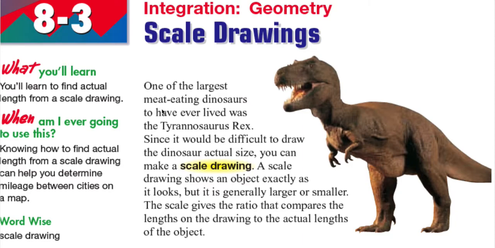So one of the largest meat-eating dinosaurs to have ever lived was the Tyrannosaurus rex. Since it would be difficult to draw the dinosaur's actual size, you can make a scale drawing. The definition of a scale drawing: it shows an object exactly as it looks, but it is generally larger or smaller.